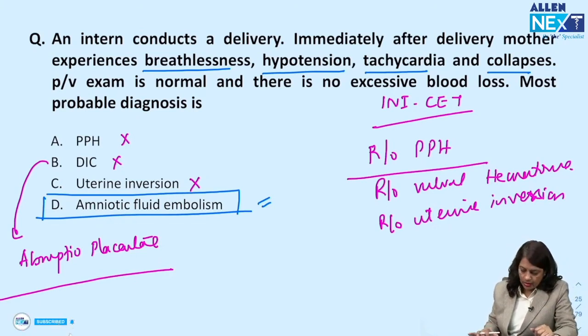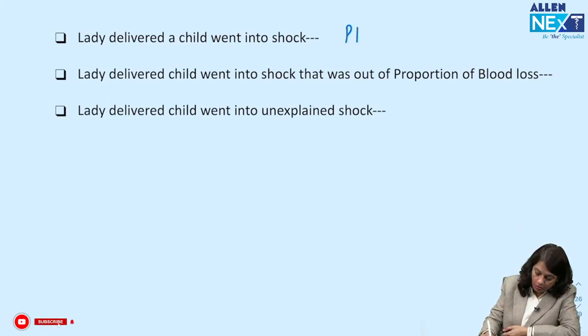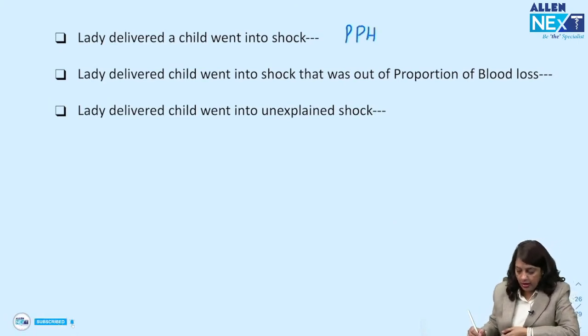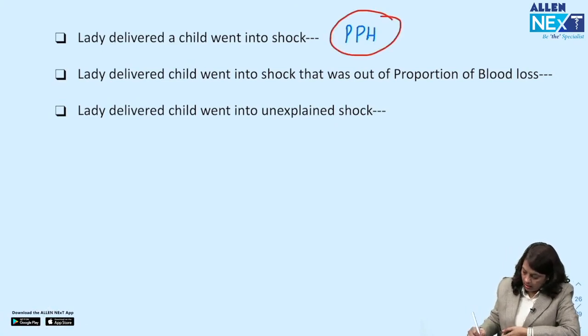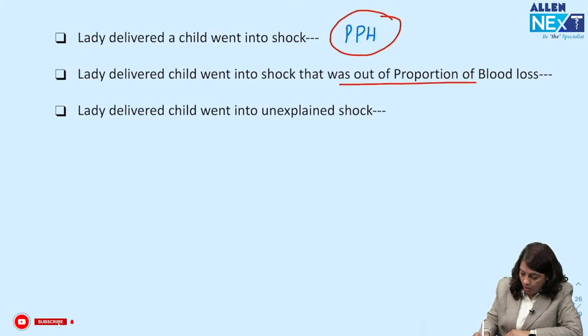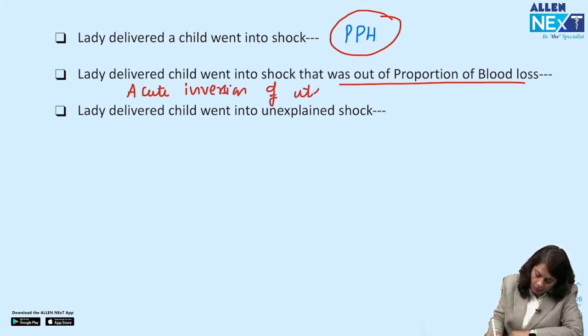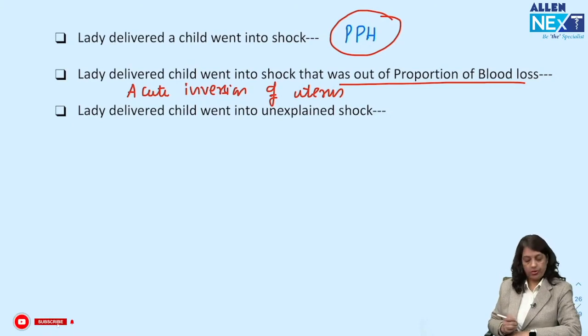Fine. Now, 3 single liners which are very, very important. A lady delivered a child and went into shock: the most common cause is postpartum hemorrhage. A lady delivered a child and went into shock out of proportion to blood loss: this is acute inversion of the uterus.